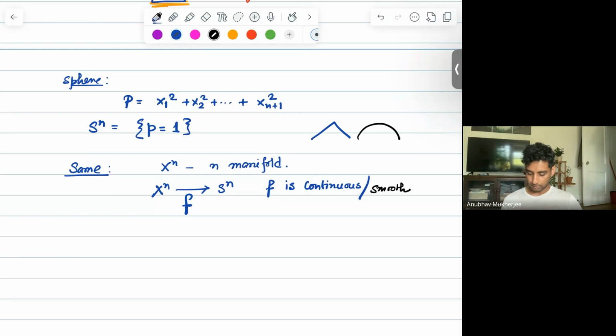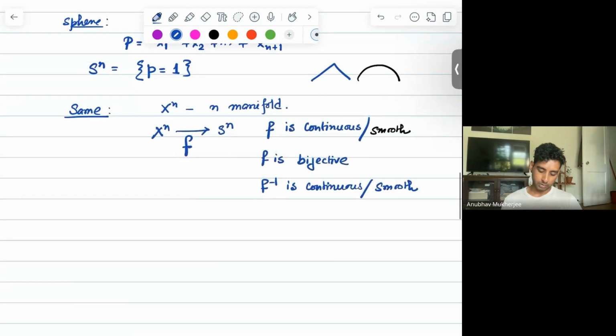So F is continuous or smooth, F is bijective, and F inverse is also continuous or smooth. This is the meaning of being same. Then we call them the same.